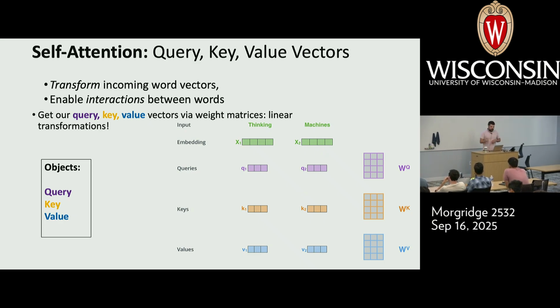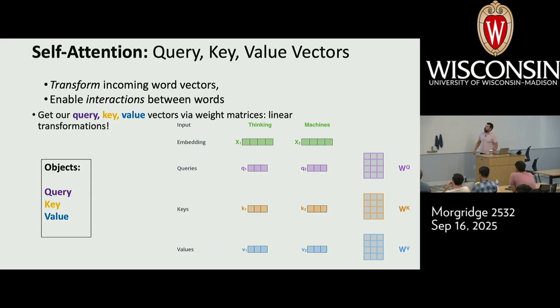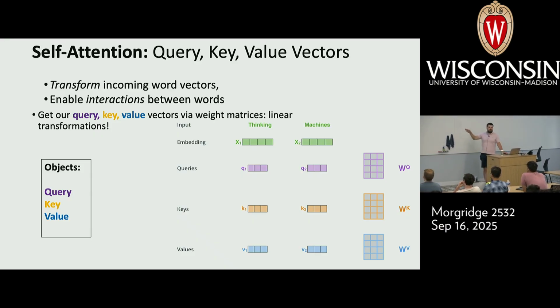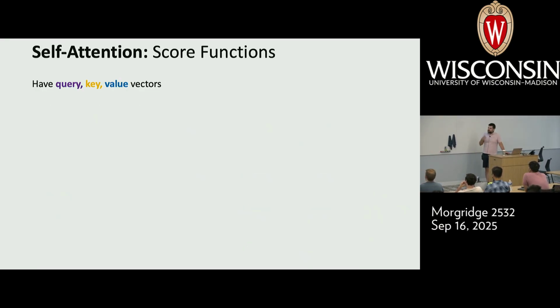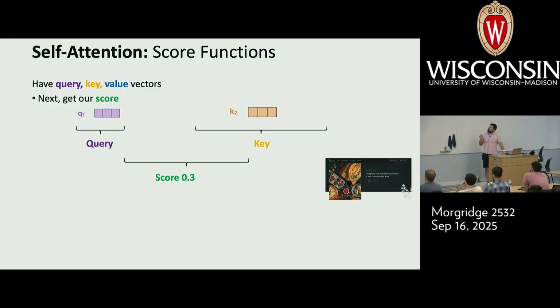All right, so we're going to do some operations with these. We're going to do exactly the equivalent of that simple intuitive retrieval picture that we had. We said we're going to compute a score if there's a good match or a good alignment between the query vector and the key vector. Okay, so this is just the example that we had before. There's lots of ways that we could measure alignment between query and key. We're going to do it in the simplest way we can, which is very efficient.